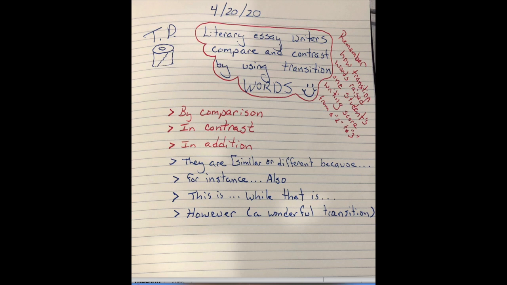Just try your best to be using these words, some way fit them in, because it makes your writing great again. By comparison, in contrast, in addition, they are similar or different, for instance, also, this is, while that is, and however is always a staple for transition words.